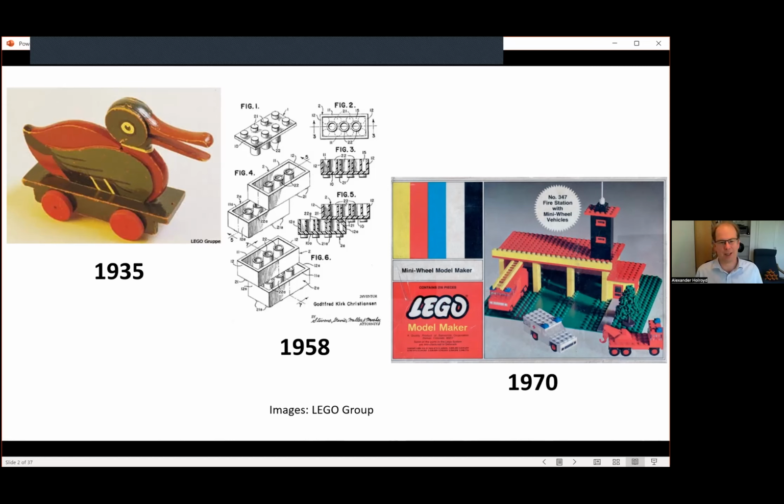They actually started off in, I think, the 1930s, not producing the familiar plastic blocks, but producing wooden toys. It was a family-owned company, and it still is, interestingly. It's not publicly traded. And then in about the 1950s, they came up with this key patent for the familiar interlocking blocks.